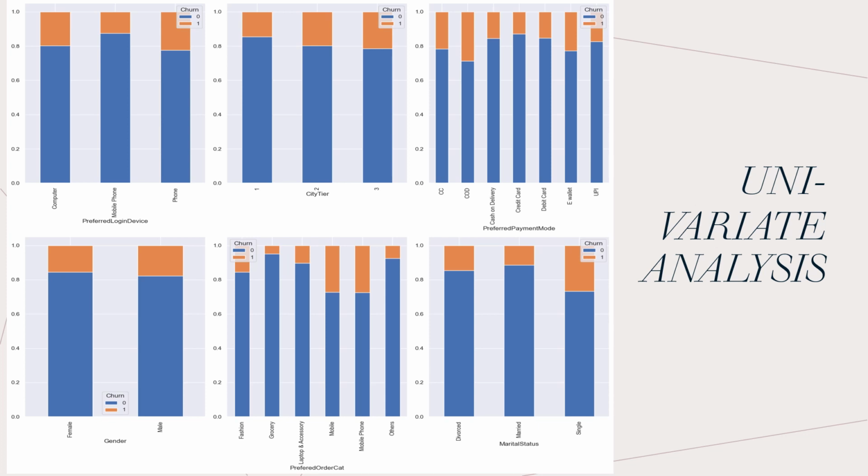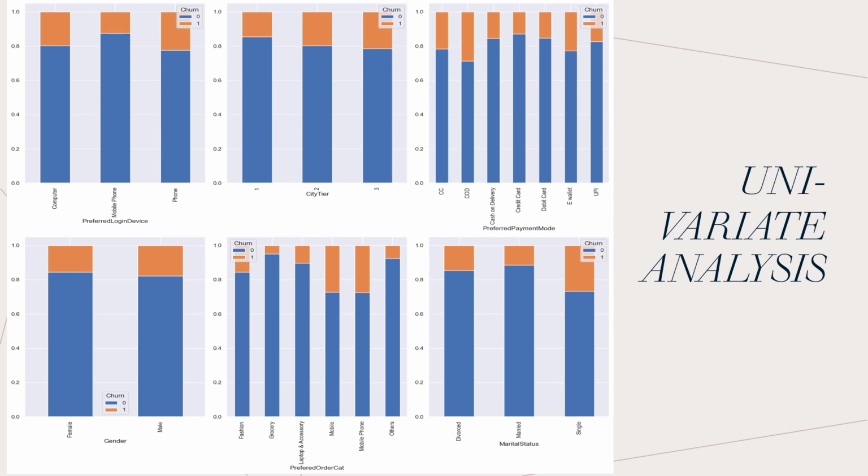Even in the tier cities, tier 1, tier 2, and tier 3, the tier 2 city people are likely to churn less, perhaps because of their habit of luxurious shopping or their economic conditions. These are some of the observations I could see from the plot.